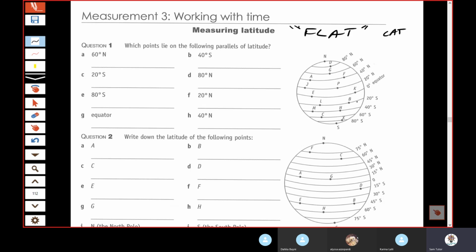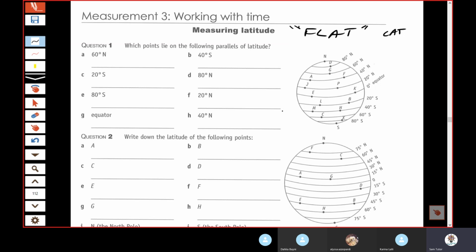The problem is in math, we read horizontals as moving up and down this sphere, this Earth. So when we say latitude, it's actually north and south, whereas everyone thinks, because it's flat, it's meant to be east and west. It doesn't work like that. Latitude is north and south.